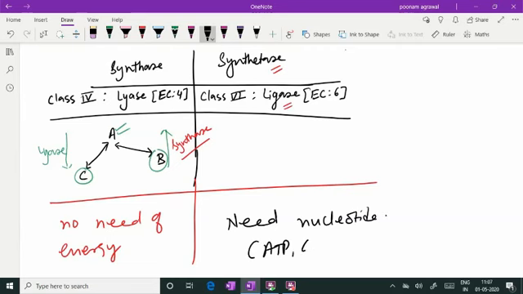It may be ATP, it may be GTP, etc. So synthetases are ligases, and ligases are the enzymes which unite two things together with the help of some energy which is coming from nucleotides. So source of energy is required.